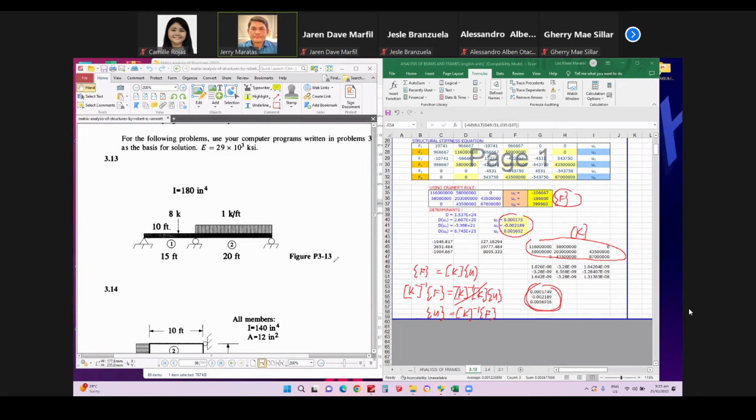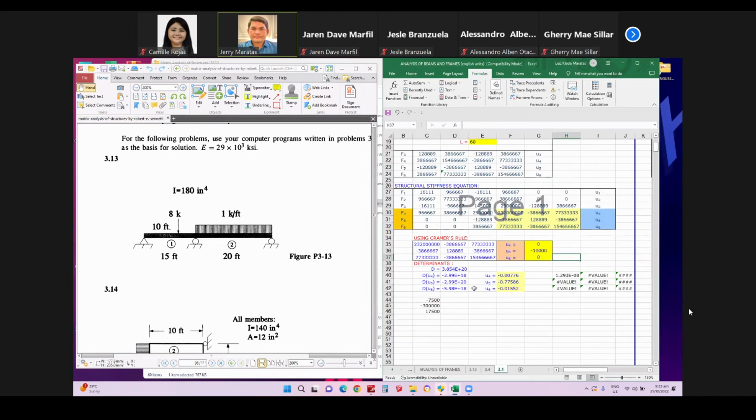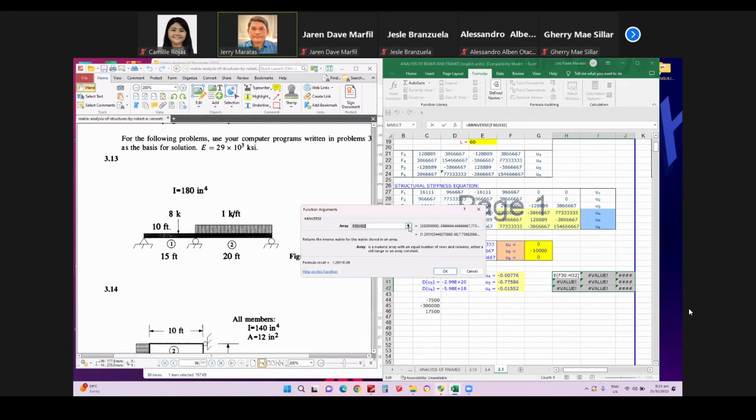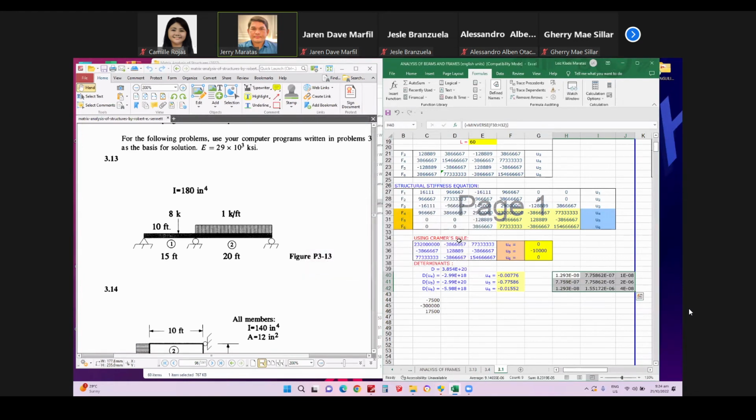So going back to problem 3.1, control shift enter here for the inverse.